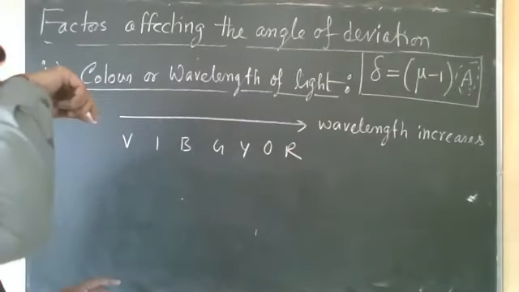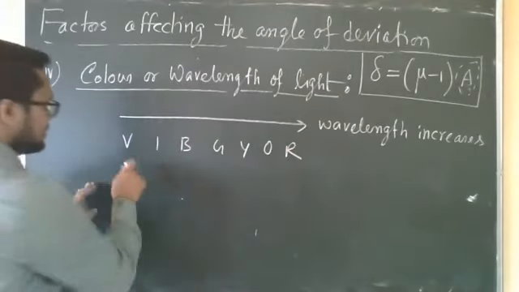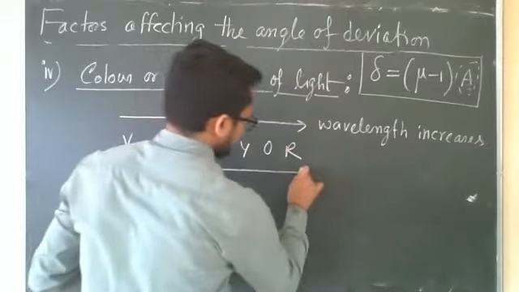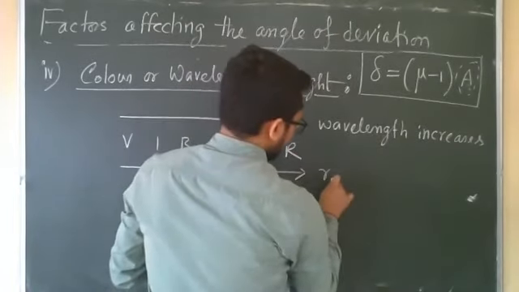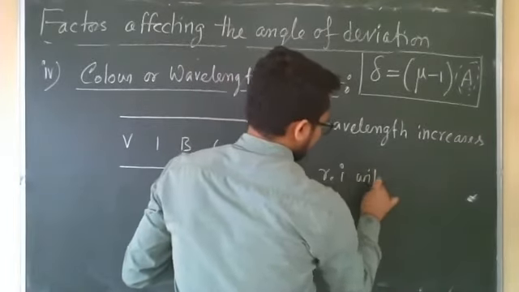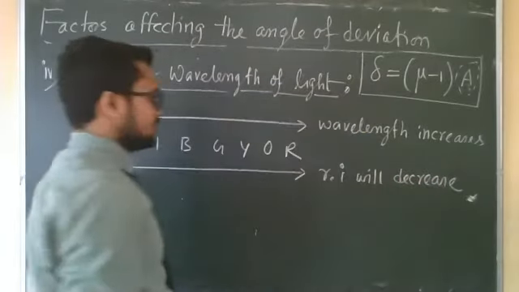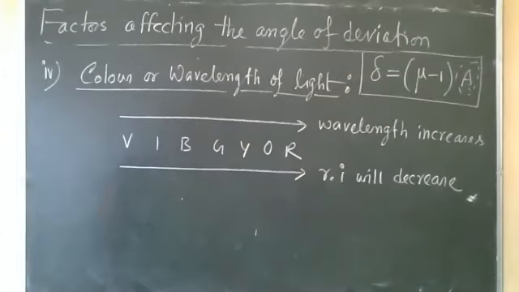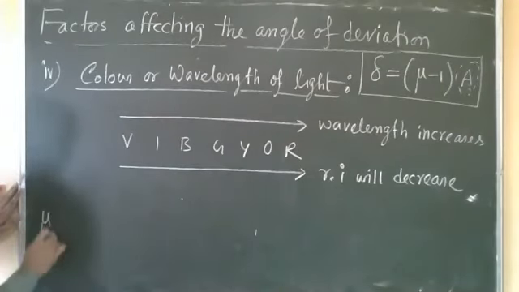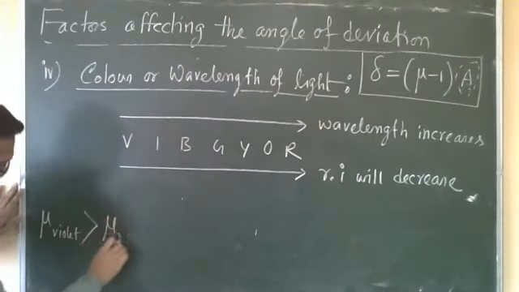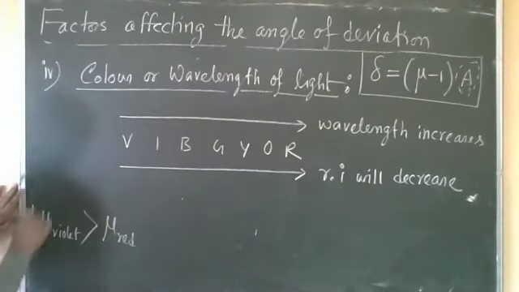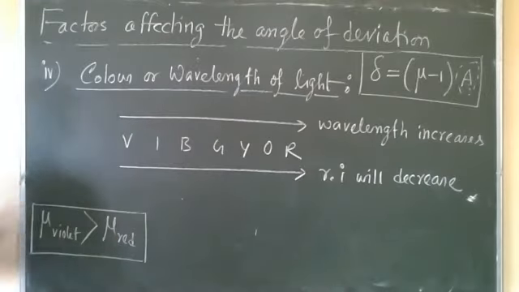It will bend less means refractive index will decrease. So in this direction, refractive index will decrease, which means mu for violet will be greater than mu for red. I am writing it here: mu violet is greater than mu red.